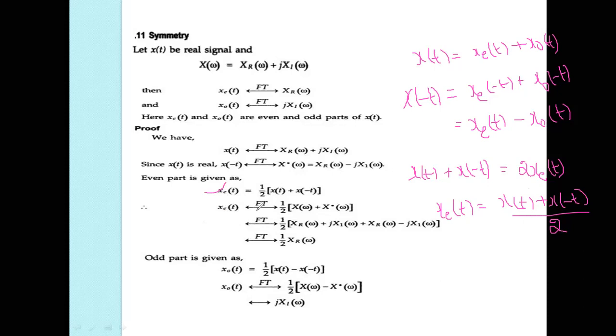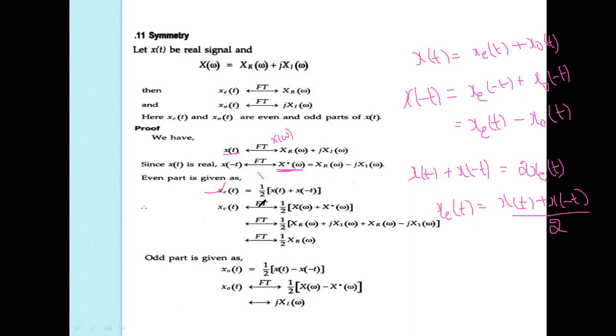Now applying the Fourier transform, x of t gives x of omega, and x of minus t gives x star of omega.